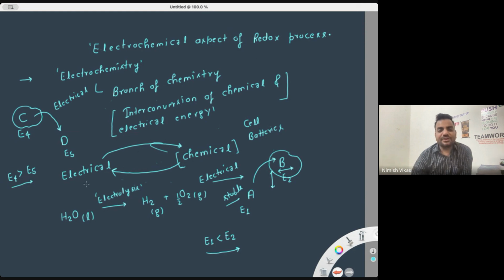Which is given in your school textbook in the form of the Daniell cell or galvanic cell. That is how a battery works and how a redox process happens, and then we get the electrical energy.